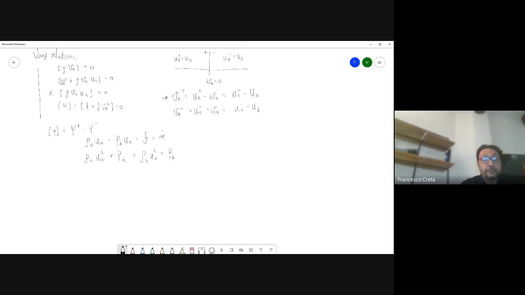So that's the conservation of normal momentum, and clearly for the conservation of energy, we have essentially that the total enthalpy is conserved. So it's pretty straightforward. But let me just rewrite this again here in a wave stationary frame.